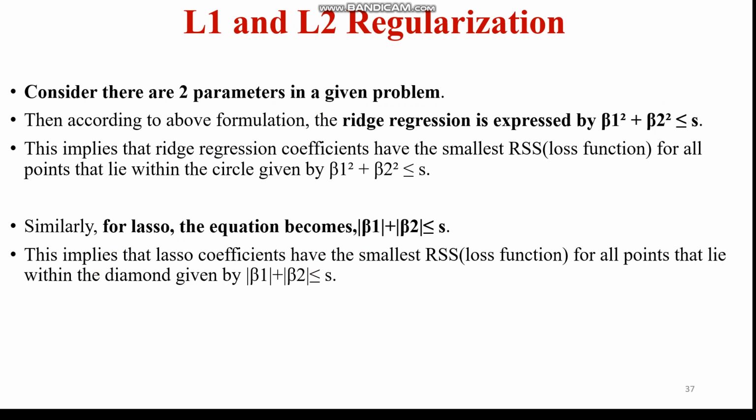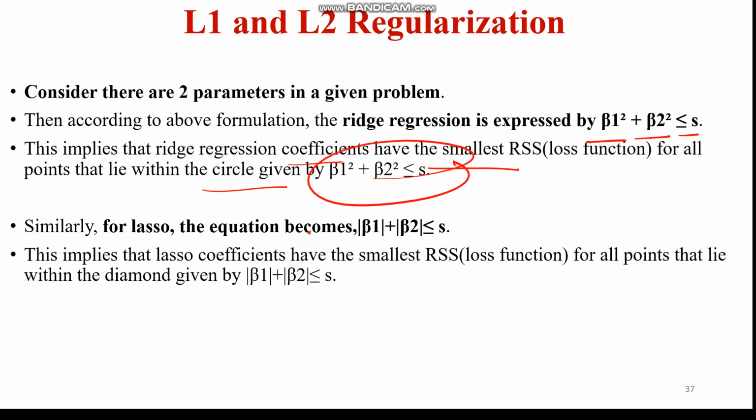So we consider there are two parameters in a given problem. Then according to the formula that we have used, ridge regression is expressed by beta 1 squared plus beta 2 squared less than or equal to s. This implies that the ridge regression coefficients have the smallest RSS loss function for the points that lie in the circle of this equation.